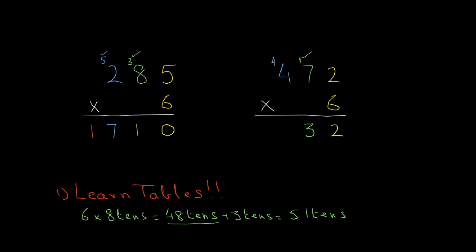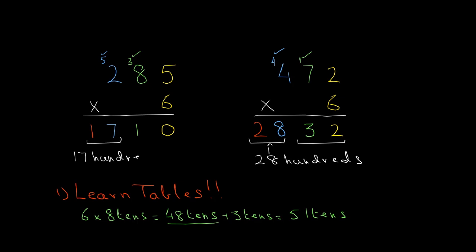Now 6 times 400 makes 24 hundreds, and adding the 4 hundreds makes 28 hundreds. I'm reading this as 28 hundreds, which is the same as 2800, just as I read the other as 17 hundreds. So this takes care of long multiplication.